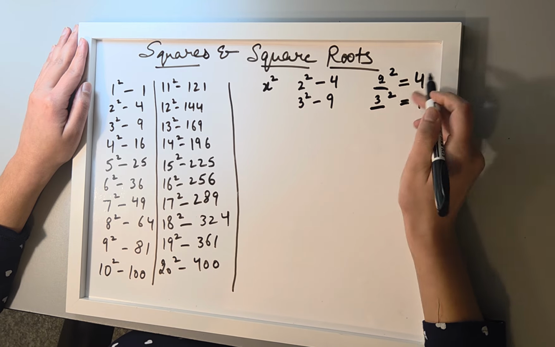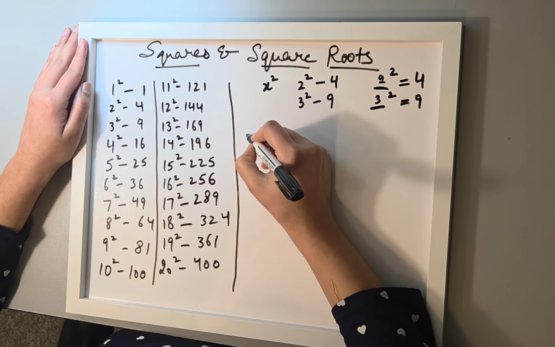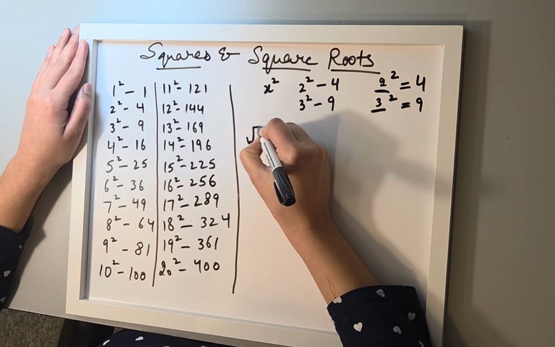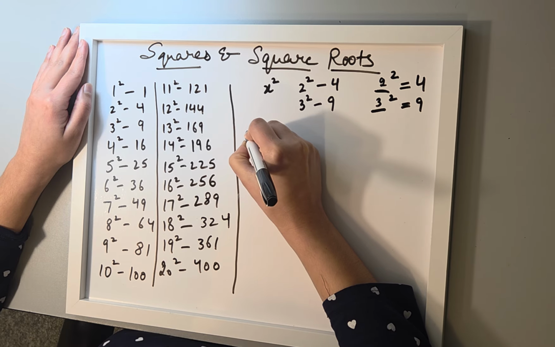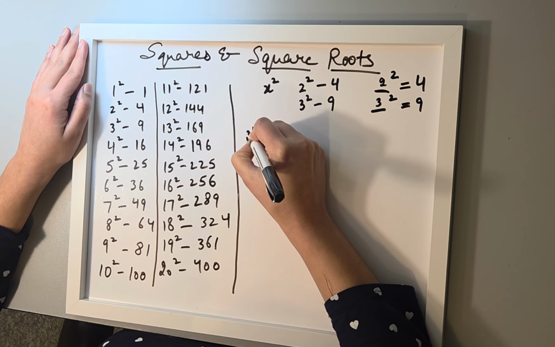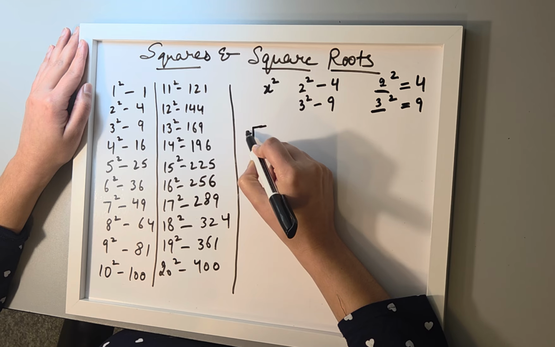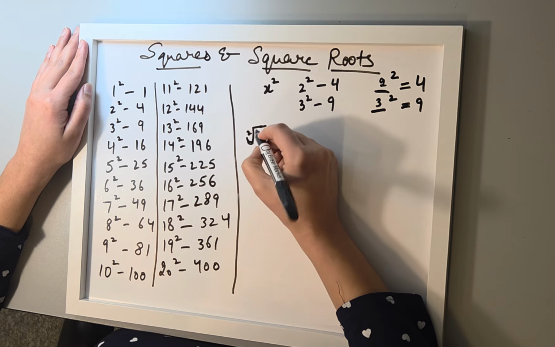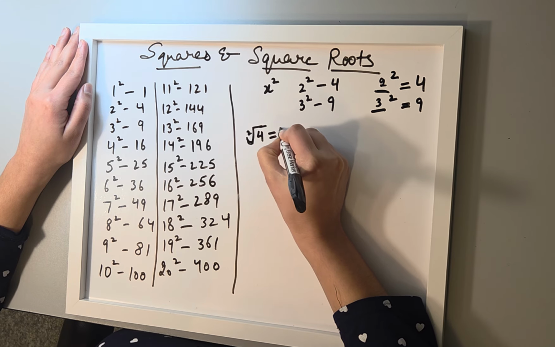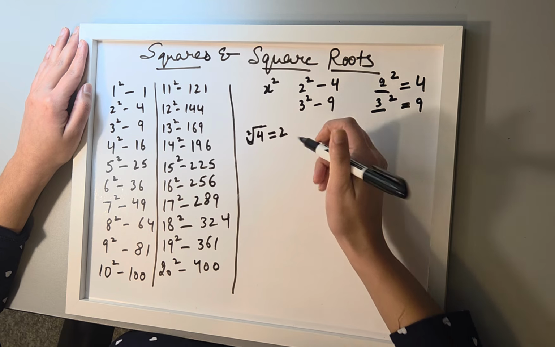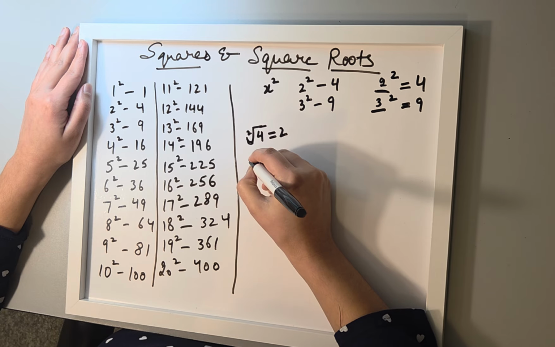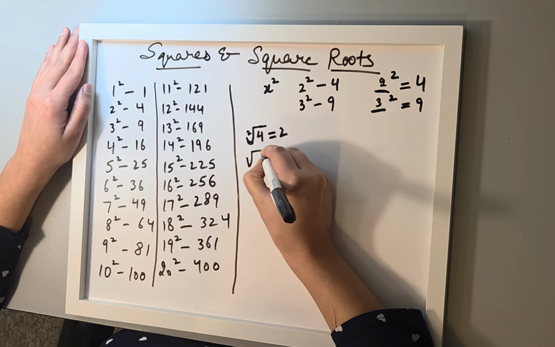So what we can say is square root. This is the symbol to represent root. If we are doing square root, we usually put a 2. So square root of 4 is 2, but by default we've started using just this sign.